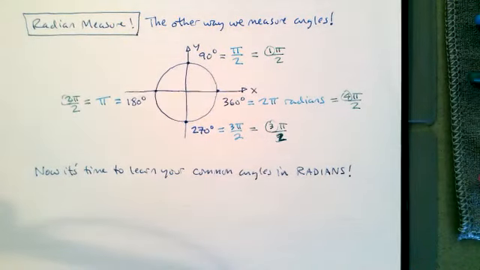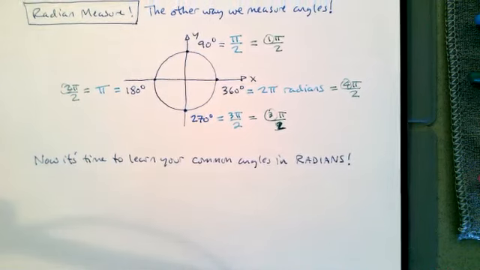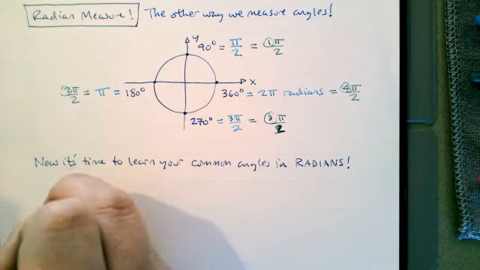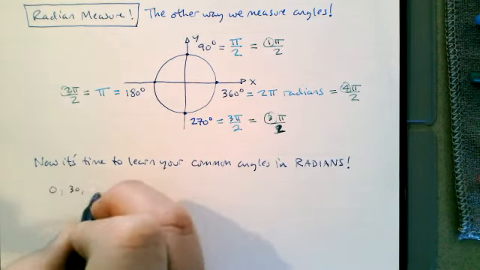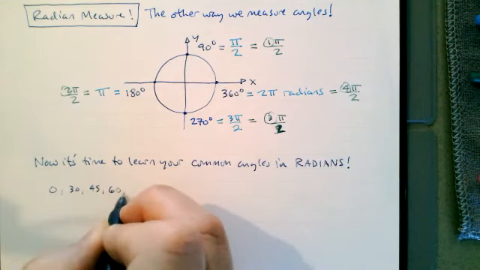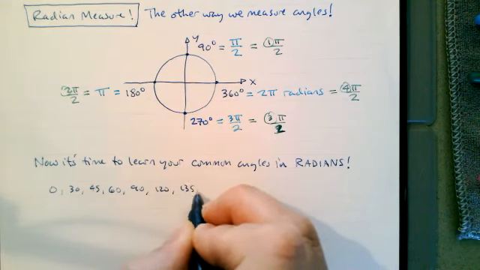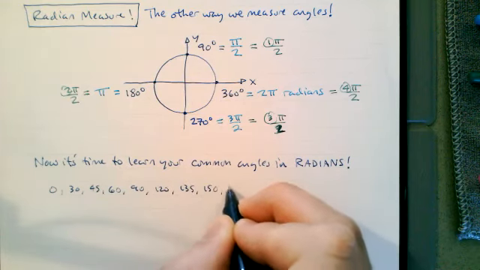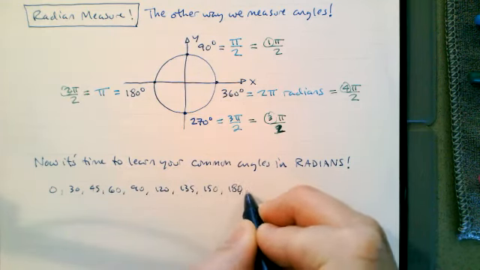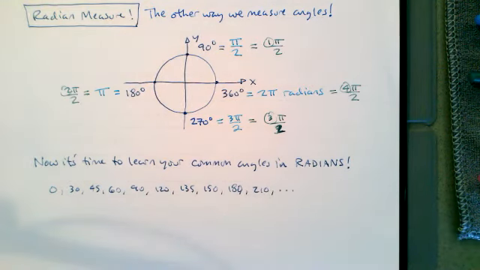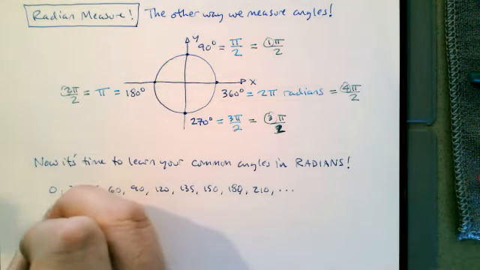The common angles are at the quadrants or have a 30, 45, or 60 degree reference angle. So you need to go around the circle with 0, 30, 45, 60, 90, 120, 135, 150, 180, 210, and so on. You've got this in degrees. Now you need to go through and get it in radians.